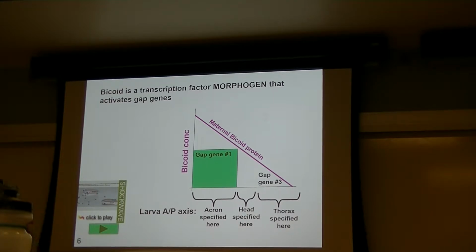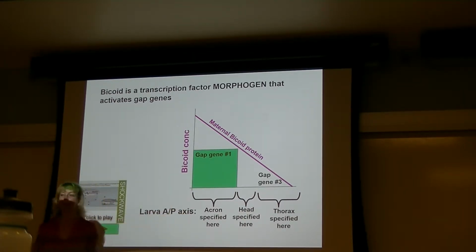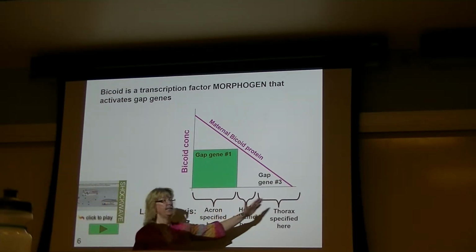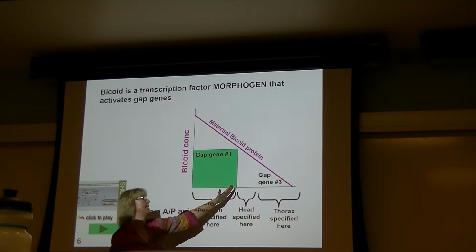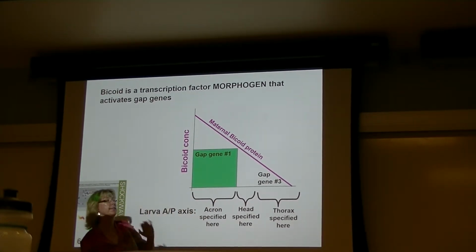Maternal bicoid protein is graphed there, and what we will see is that a particular target gene, gap gene number 1, needs a certain minimal level of bicoid in order to turn on. If we ask where on this axis that condition is met, it's met basically from about the center point and more anterior to that.